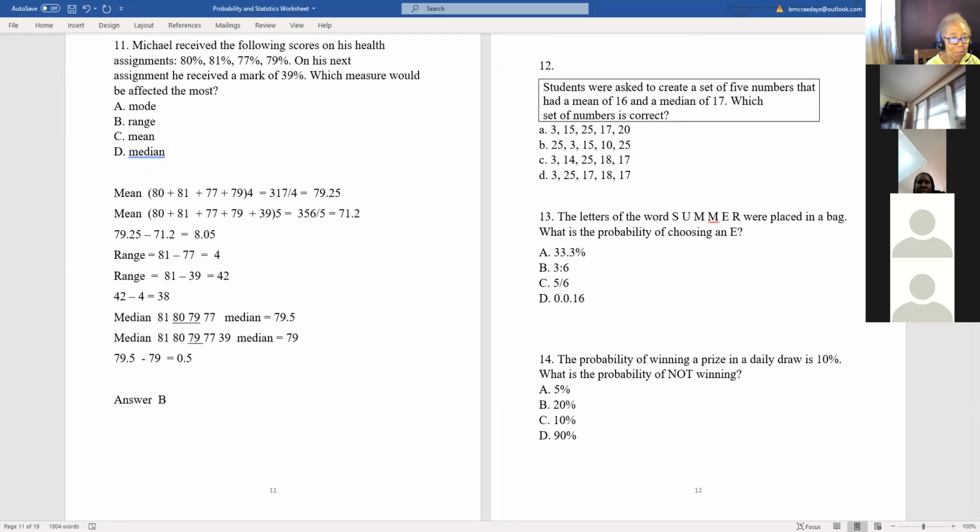More than one has a median of 17, because if you put this first one in order, the 17 is going to be in the middle. That would be the median. You put this one in order, 17 is going to be in the middle. Put this in order, 17 would be in the middle. But you need to find a mean of 16. How would you determine the mean? Anybody? D?